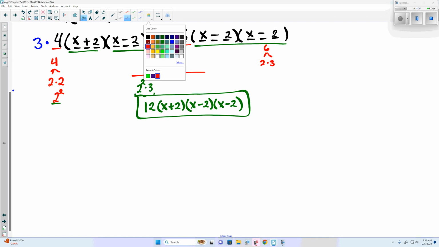The one on the right is missing a 2 to get it to 12, and an x plus 2. So we'd have to multiply the one on the right by 2 times x plus 2. We'd have to multiply the one on the left by 3 times x minus 2. It's going to be the same. Questions on this here? Would we say this is a little bit easier than we thought this was? Yes.